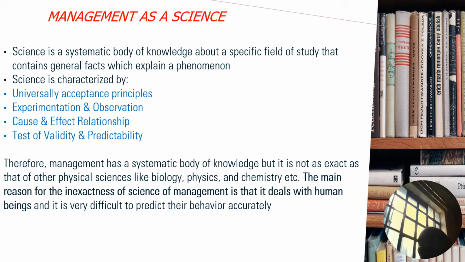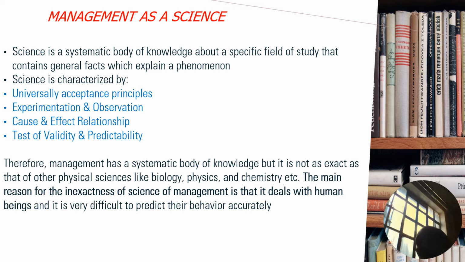Like the law of gravity, it can be applied in all countries, irrespective of the time. Management also has some fundamental principles which can be applied universally in all organizations. We have the principle of unity of command. We have the principle of the chain of command. Those particular principles are applicable in all types of organizations.